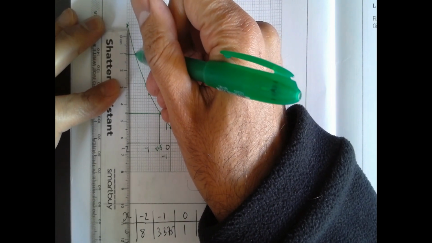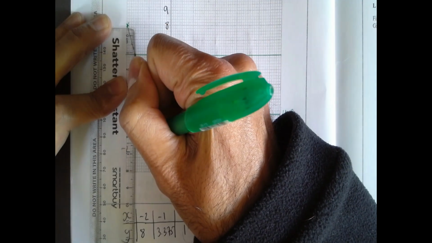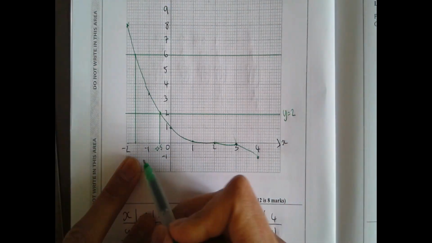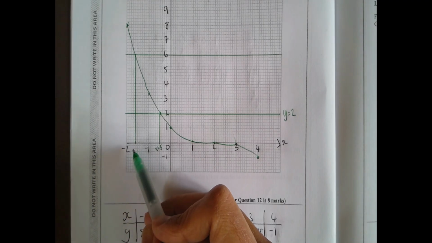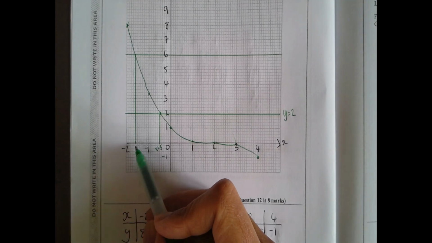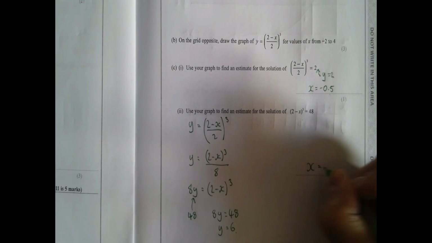Let's try and be as accurate as I can here. I make that negative 1.5, so I make this negative 1.6. So I'm going to go with negative 1.6 for this one. My solution to this is x is equal to negative 1.6. There you go, and that is question 12.